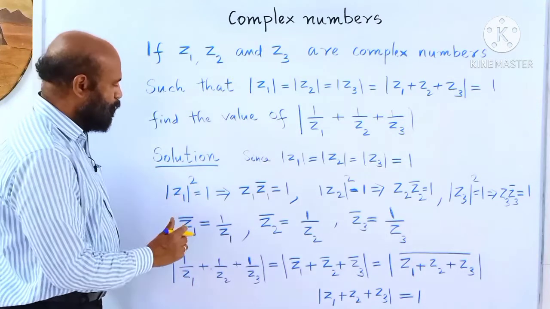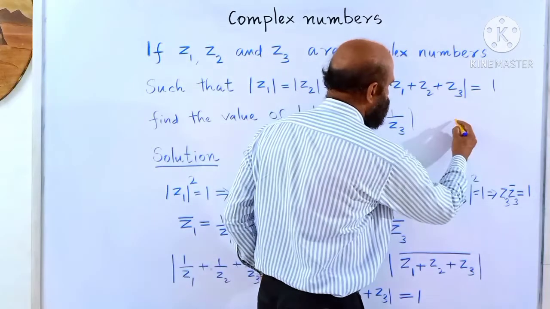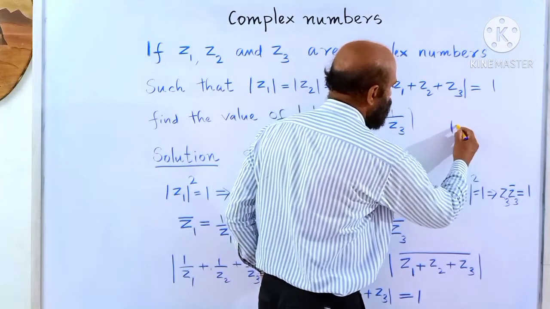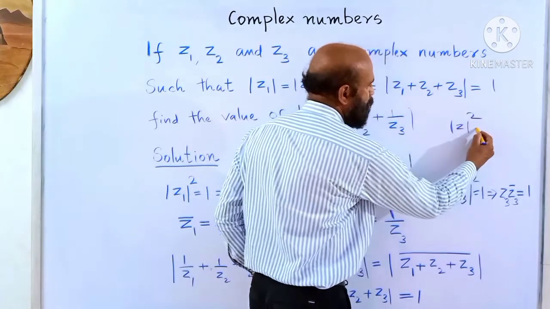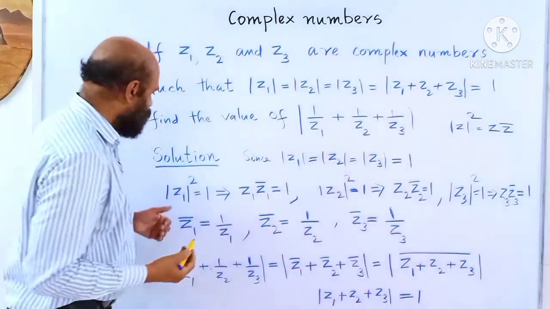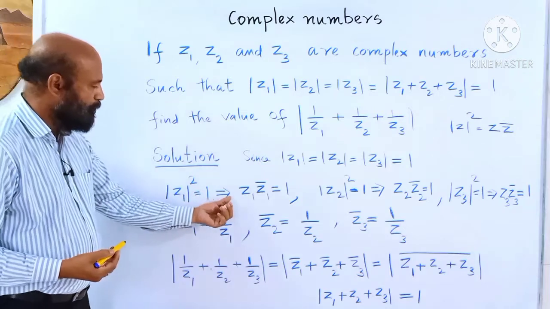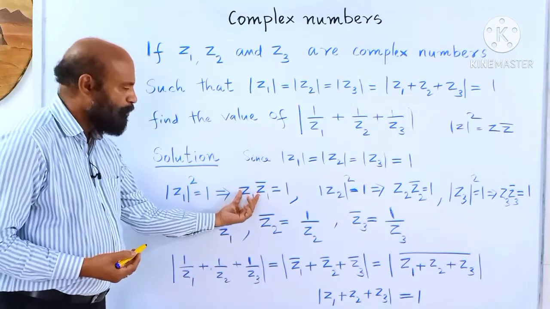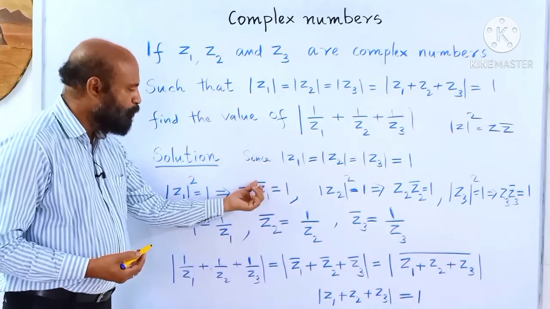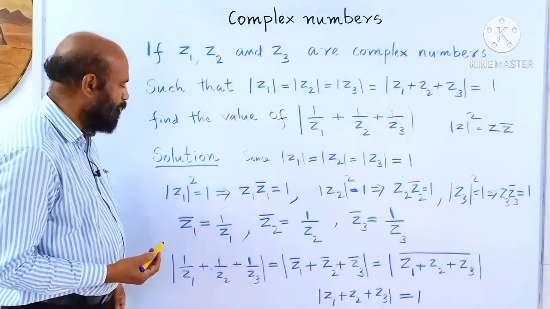Modulus square is equal to Z into Z conjugate. It's a property of the modulus: modulus of Z square is equal to Z into Z conjugate. That property you can use here. So modulus of Z1 square is equal to 1, that implies Z1 into conjugate of Z1 is equal to 1.